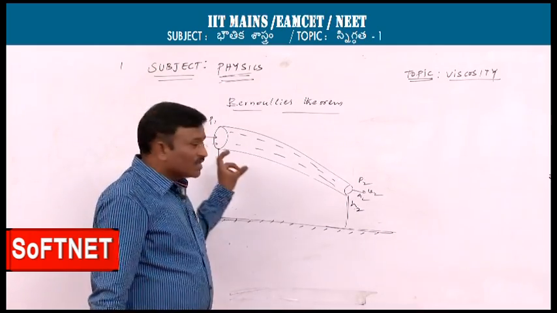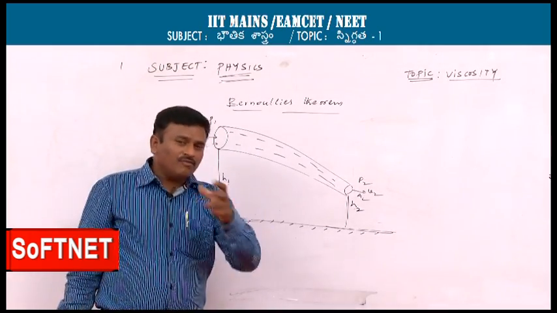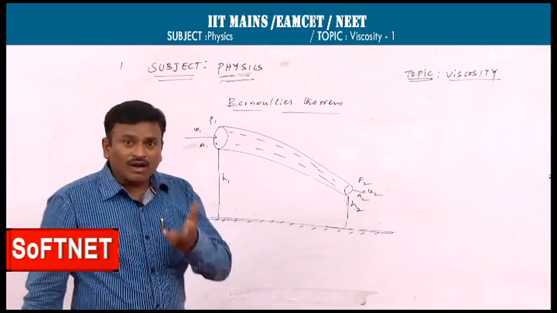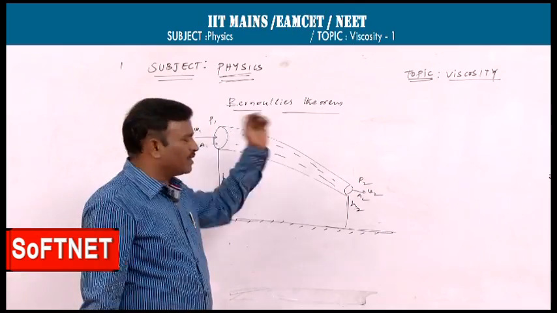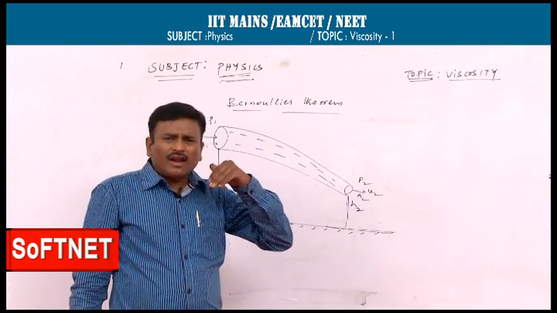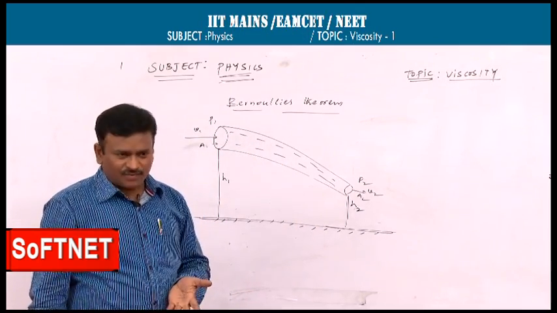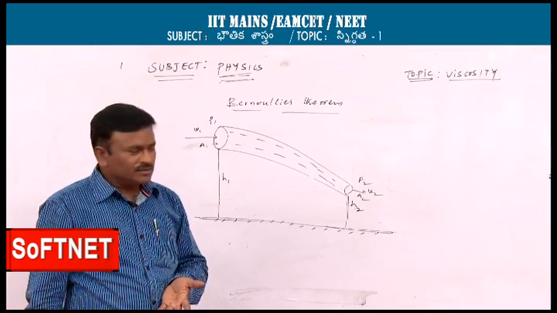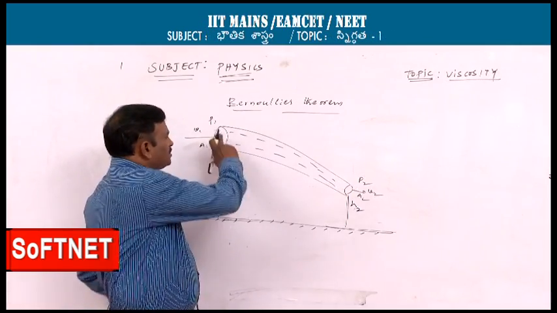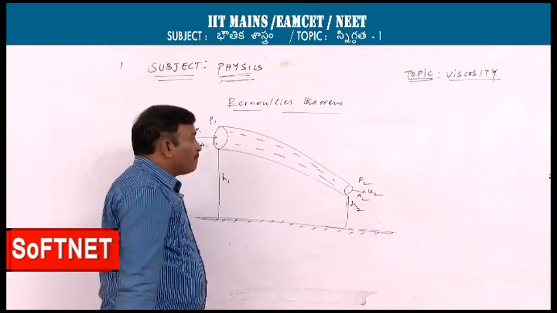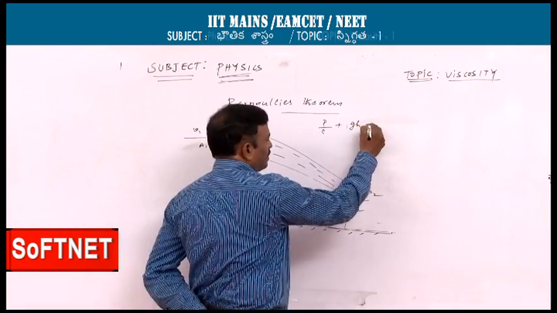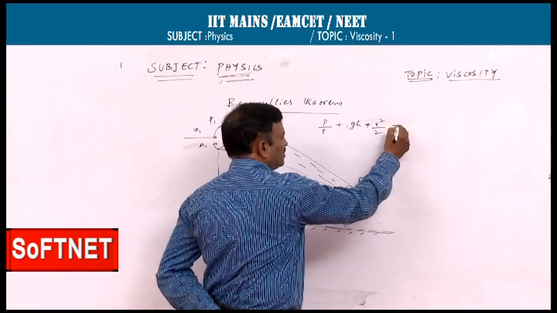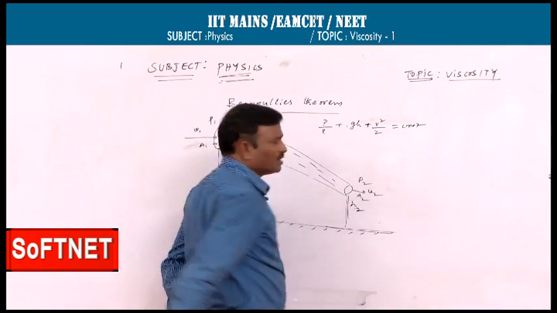Now we are considering a fluid which is non-viscous and incompressible. We are defining Bernoulli's theorem: for an incompressible, non-viscous fluid, the sum of pressure energy, potential energy and kinetic energy per unit volume is constant.